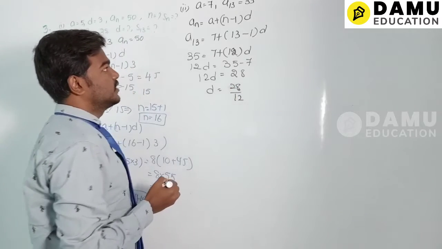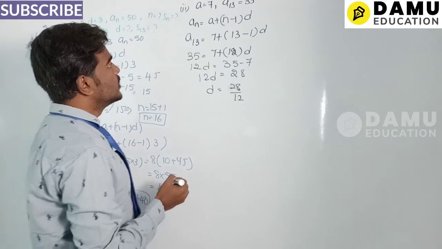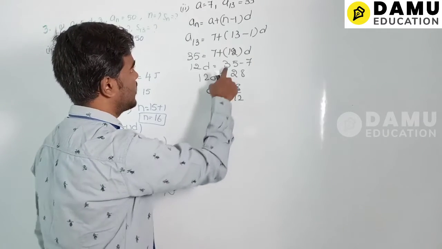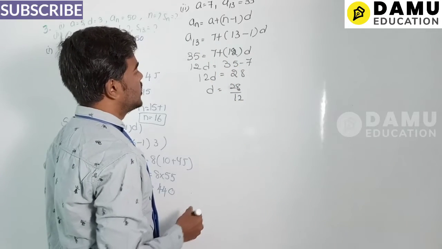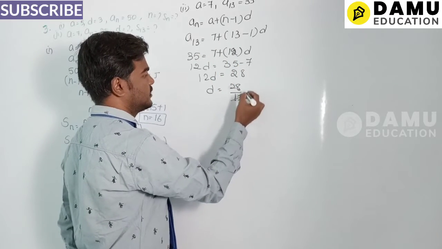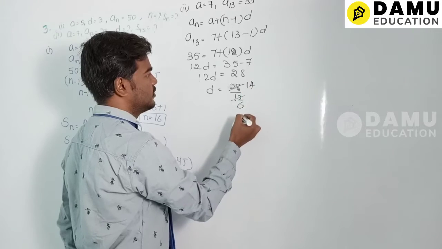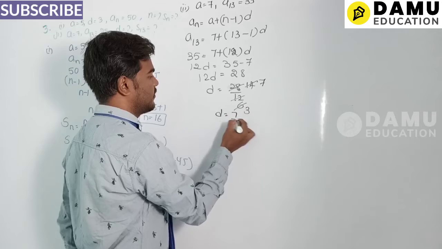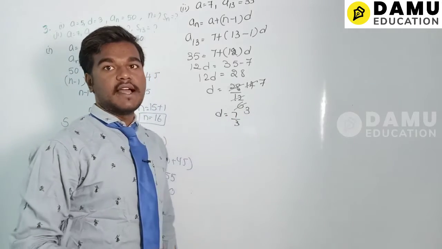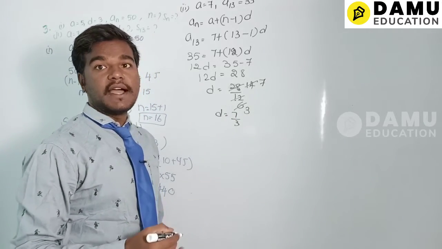So what value are we getting here? 2 6s are 12, 2 1s are 2, 2 4s are 8, then 2 3s are 6, 2 7s are 14. So d will be equal to 7 by 3. So this is the value. d will be equal to 7 by 3.